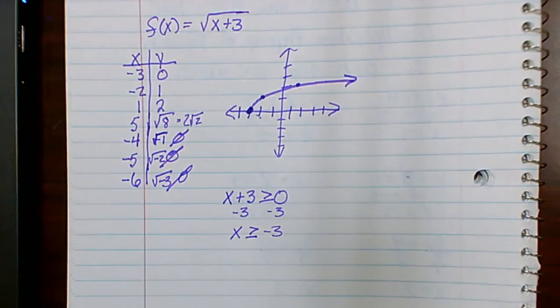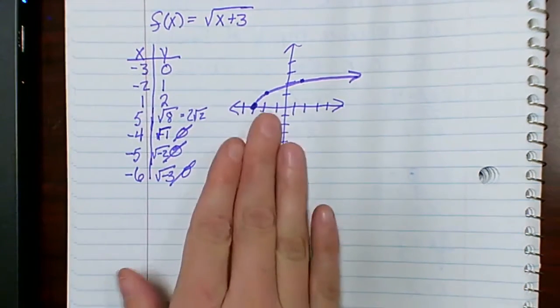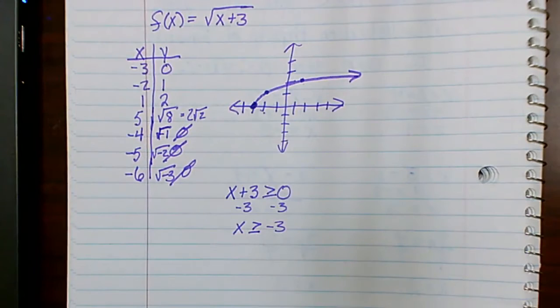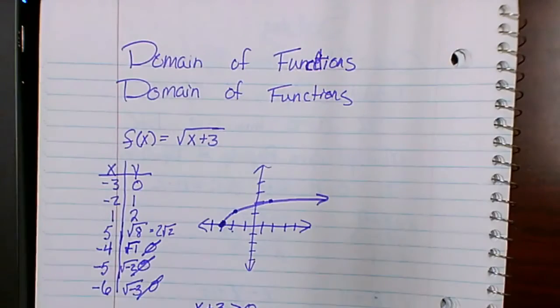So that's how you can look at your domain graphically. Where does my graph start? You start at that point and go on either to positive infinity or larger numbers or negative infinity. That's it graphically. Let's look at this algebraically.